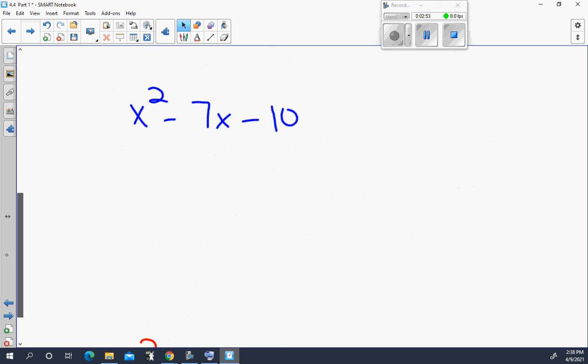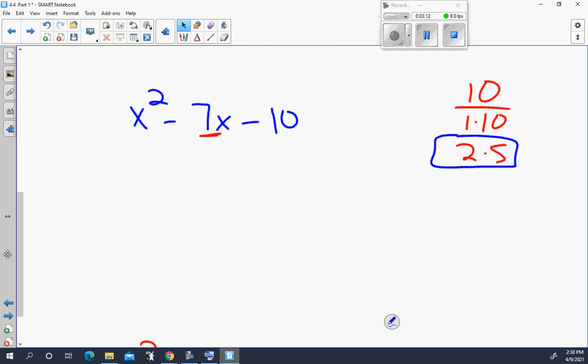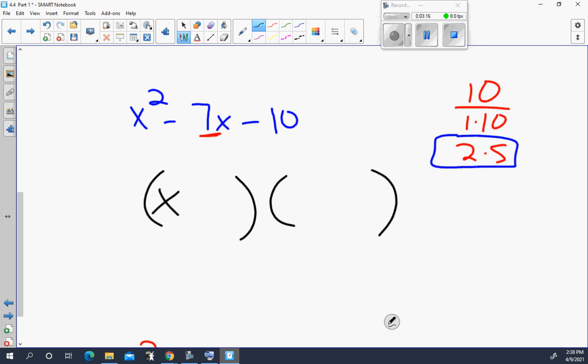Try it again with this one. Need the factors of 10. It's just 1 times 10 and 2 times 5. Which one adds to 7? 2 and 5 does. When we write our answer, we have an x, we have a 2, and a 5.